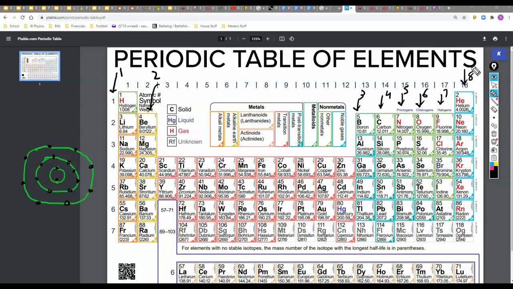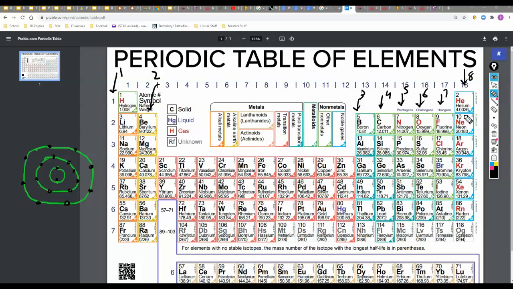This last column, group 18, has 8 valence electrons, which means their shells are full. That's why group 18 is called the noble gases: because they have 8 valence electrons and full shells, they basically don't want to gain or lose electrons, so they're not likely to react with other stuff.